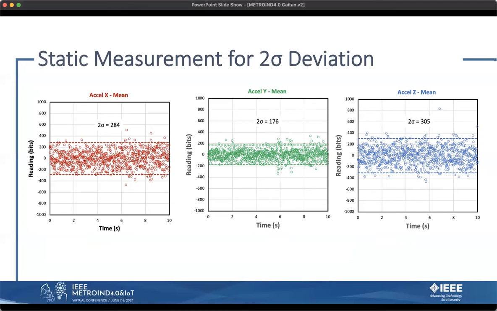What I'm plotting here is the mean of the readings, and that's why these readings are centered around 0. We can take these readings and determine the 2 sigma variation among them, and I have them listed here. These readings are in bits, the bits coming off of the accelerometers, and you can see that the 2 sigma variation is a little bit different for each of them.